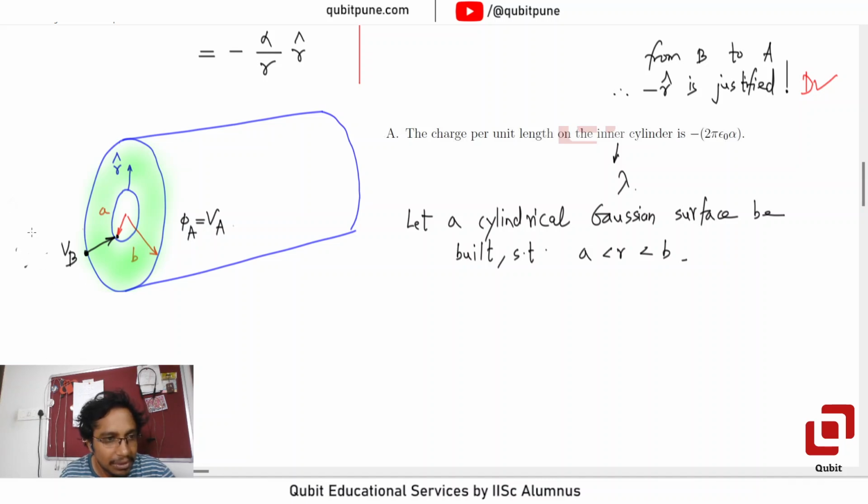Let me remove them right here. So this is what I intend to show. This will be the cross section of our Gaussian surface. Suppose its length is L.